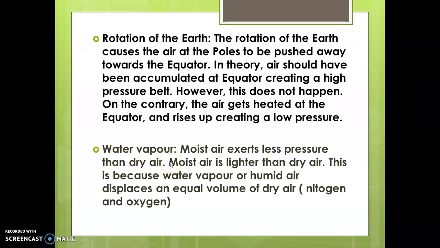Next, water vapor, or we can say humidity also. Moist air exerts less pressure than dry air. Why?